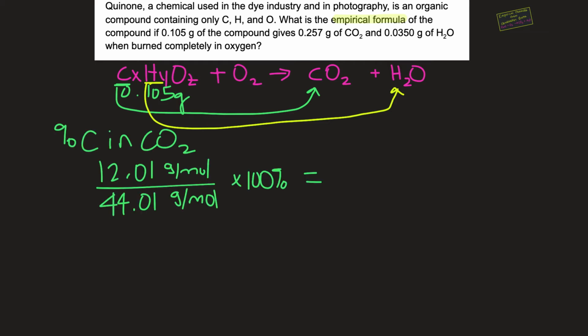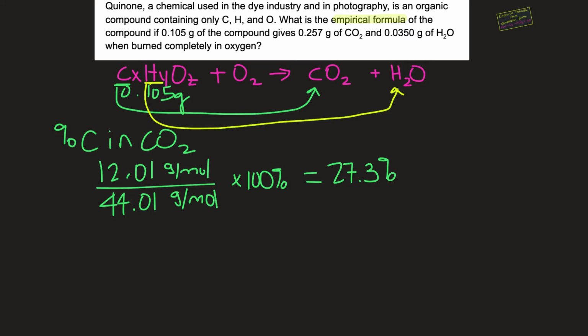This is going to be a percent composition problem. So our percent of carbon in CO2, we're going to get these molar masses off the periodic table. There's only one carbon, so it's just the molar mass of one carbon, divided by the molar mass of the CO2, times 100. When you do the math, you should get 27.3%, and that's the percent of carbon in carbon dioxide.